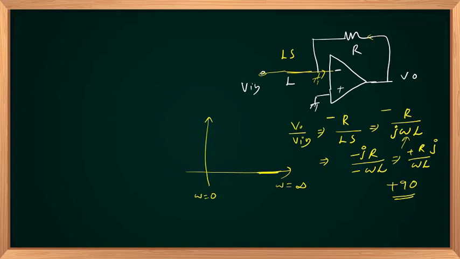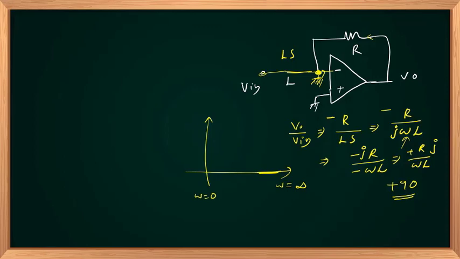So there exists a problem here: the circuit demands V in at the inverting input, and the V plus equal to V minus condition due to the feedback demands a virtual short here. So the circuit will not function properly as omega tends towards 0.